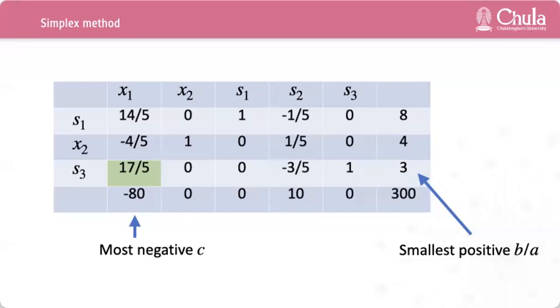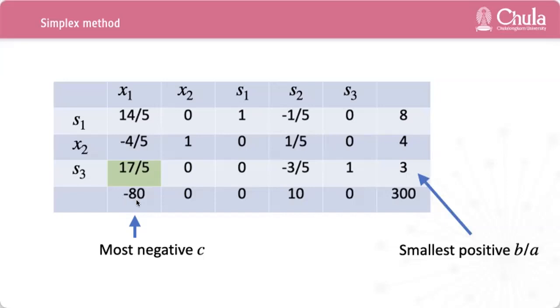We can decrease the value of objective function. In other words, now x1 is 0, of course, because it is a non-basic variable. If we change the value of x1 from 0 to 1, we can decrease the value of objective function by 80, right? Because the coefficient is 80.